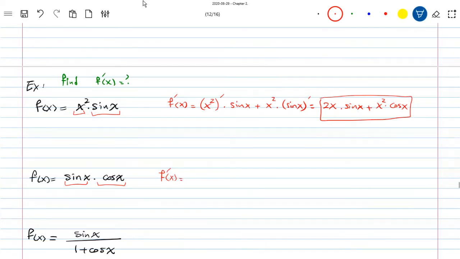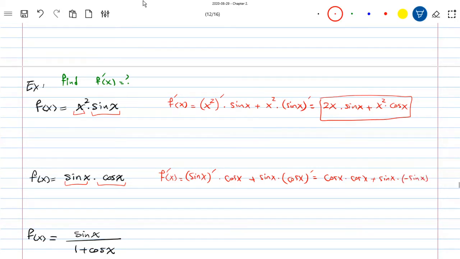Sine x derivative times cosine x plus sine x times derivative of cosine x. Derivative of sine x is cosine x times cosine x. And the derivative of cosine is negative sine x. So you get plus sine x times negative sine x.